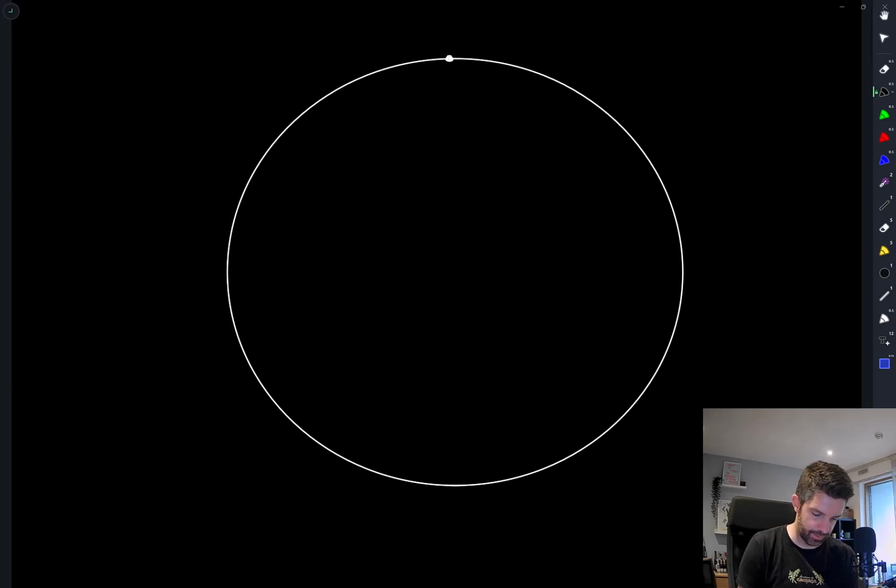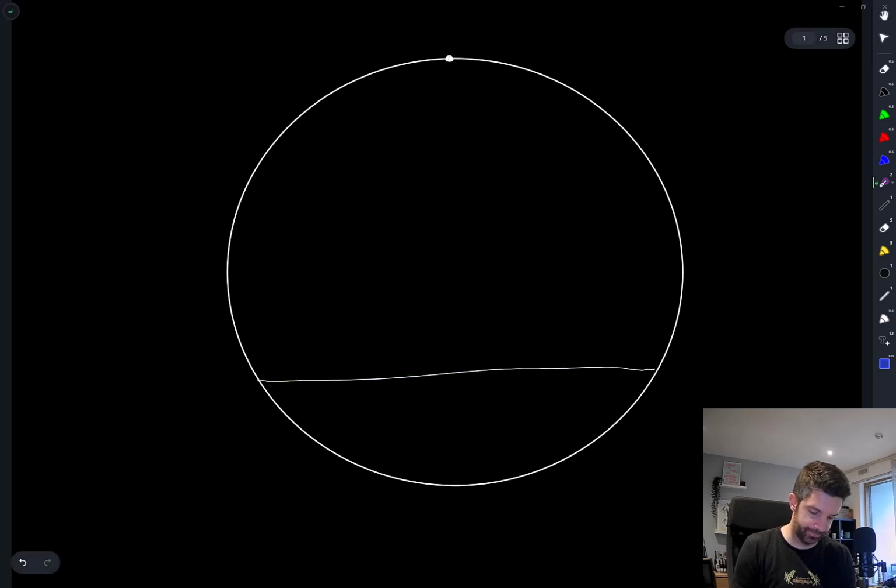And this, although I'm drawing it as one line, is meant to be a square.